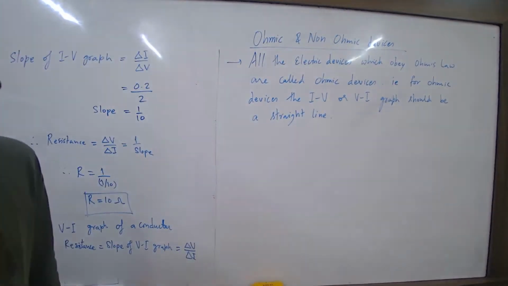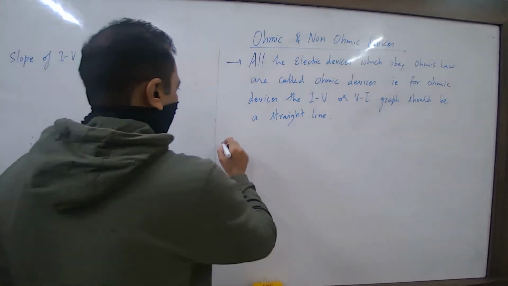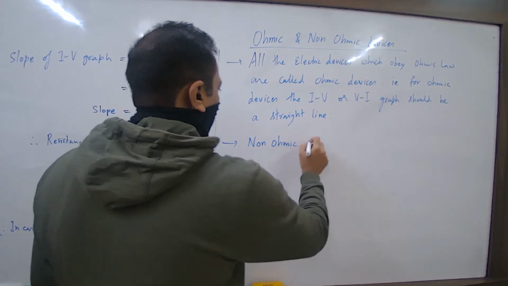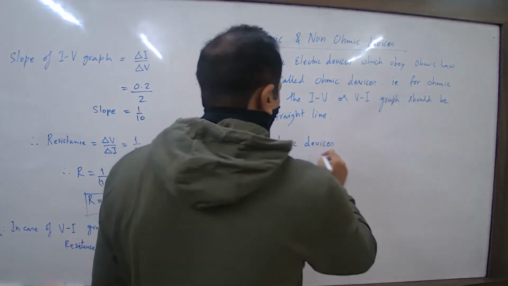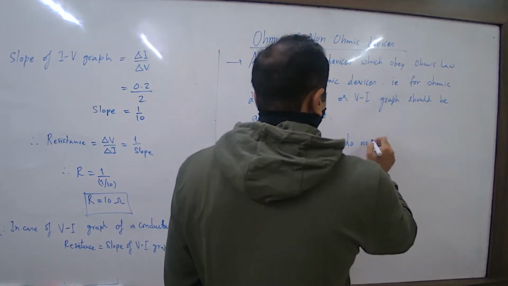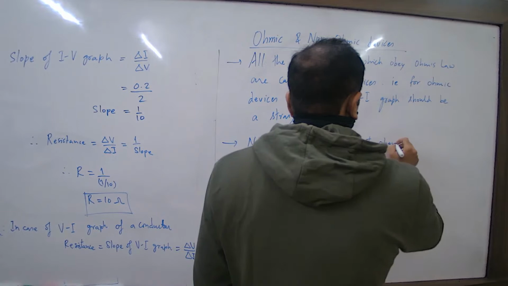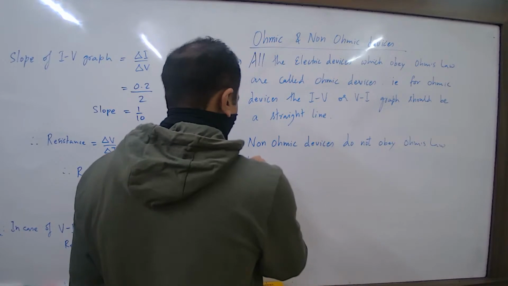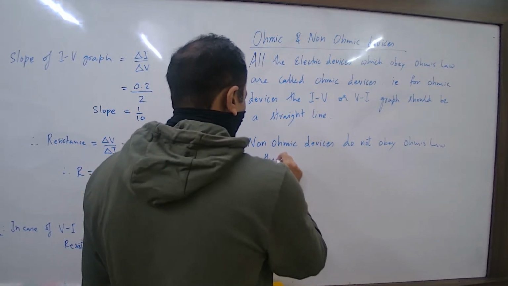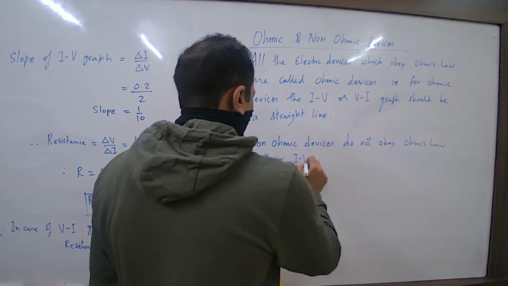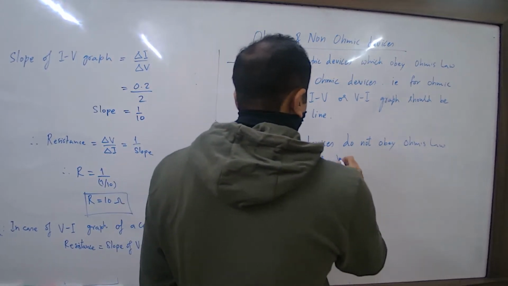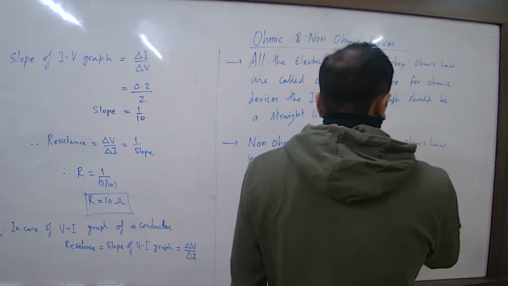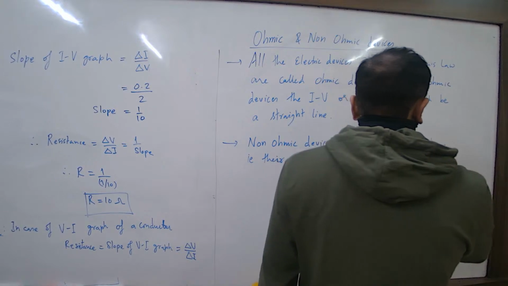So if the line is curved, then it is non-ohmic. Non-ohmic devices do not obey Ohm's law. That is, where the IV or VI graph is not a straight line.